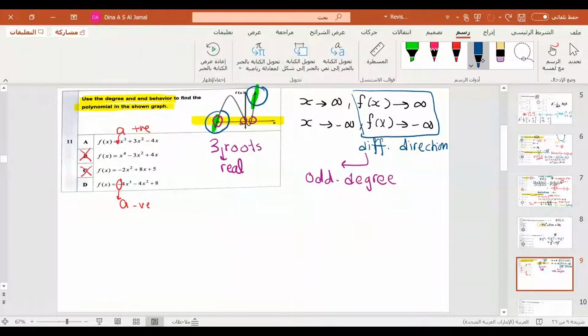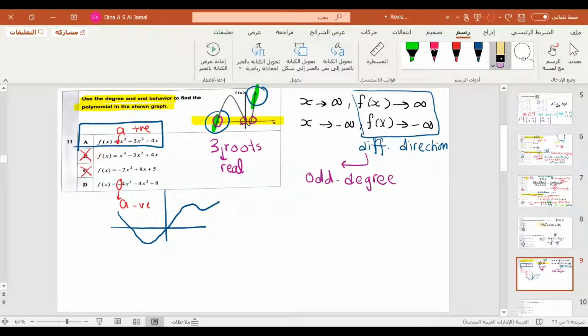Nothing flipped. That means your A must be positive. So your option is all about A. D option, your graph will look something like here. It should be up, then down, then up again, something like this. So it should be up in general.